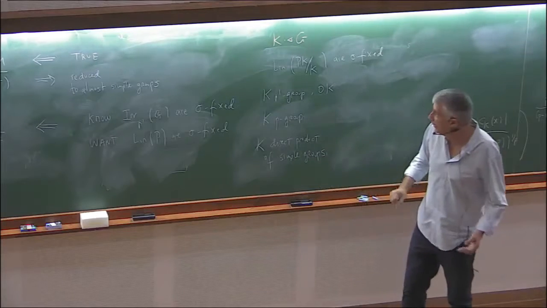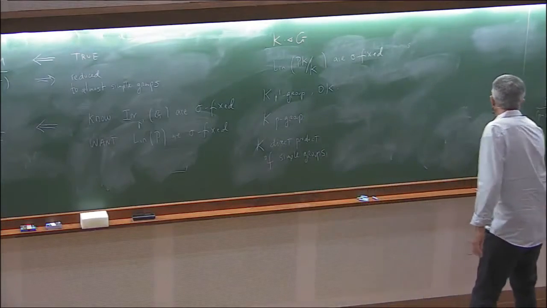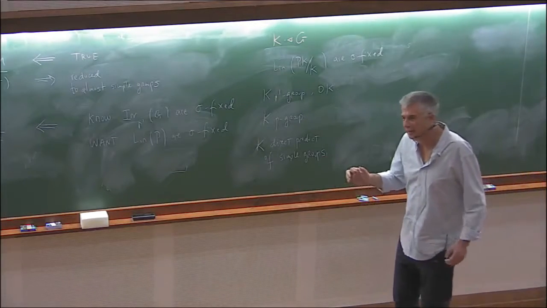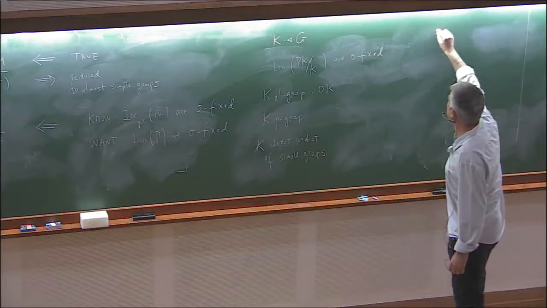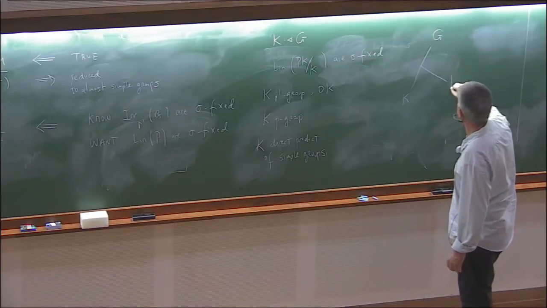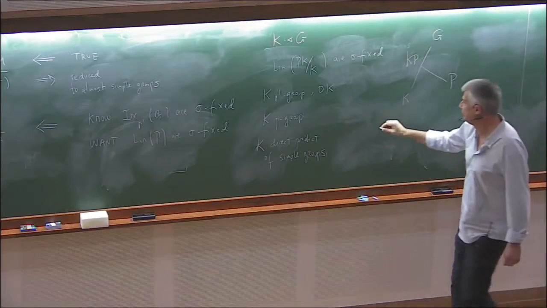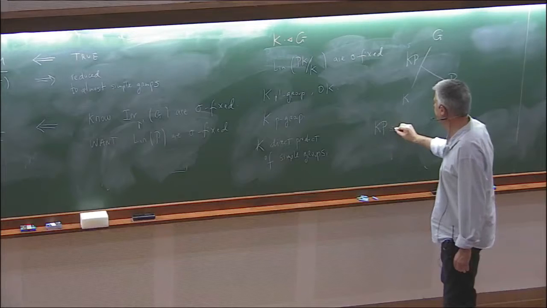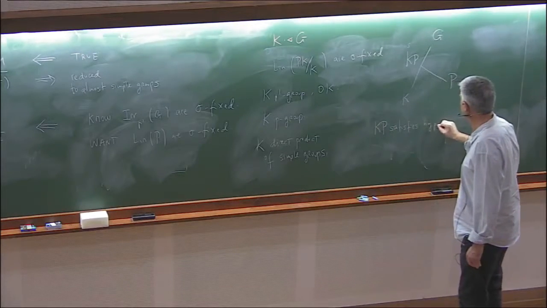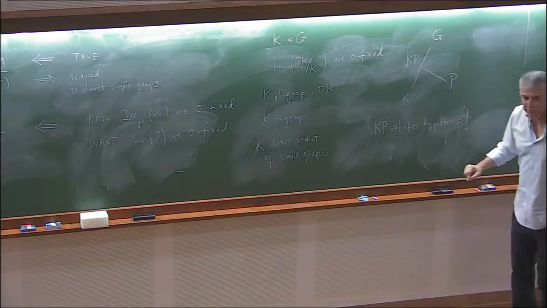But still you are very far. You want to go as close to P as possible. And the trick, and this is not that trivial, is to show that Kp satisfies your hypothesis. How do I know that?